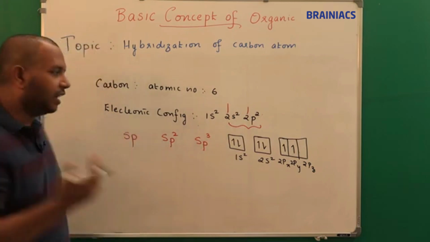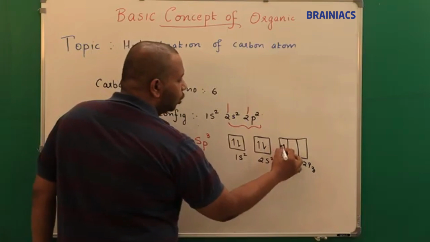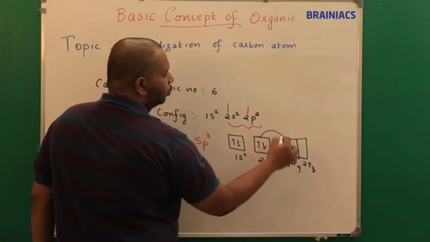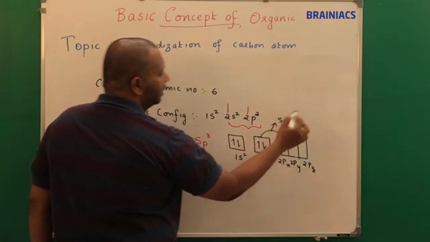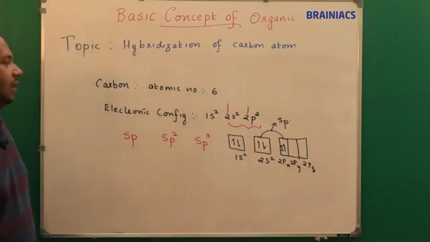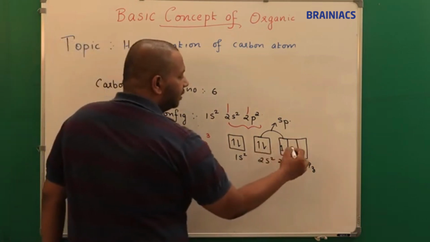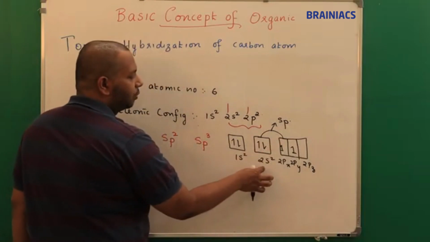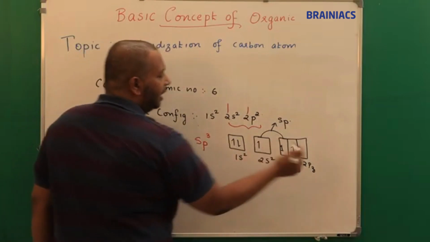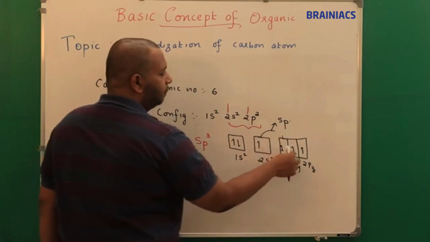If it is sp hybridization, this electron will come and join here, so that these two orbitals mix together and form what actually? sp. Understood? Now suppose it is sp3 hybridization. You already have two electrons here. One more electron from the s orbital will excite and come over here. So you have how many orbitals there? s, p, p, p.